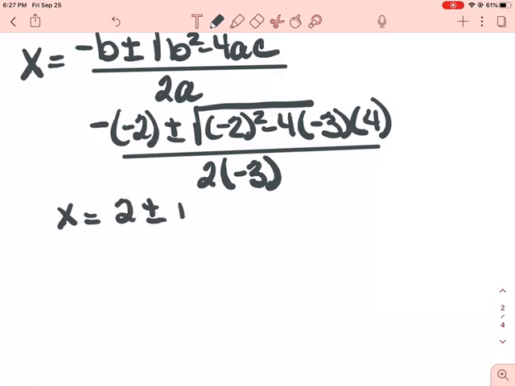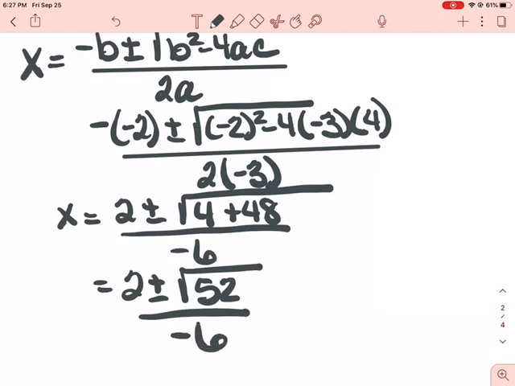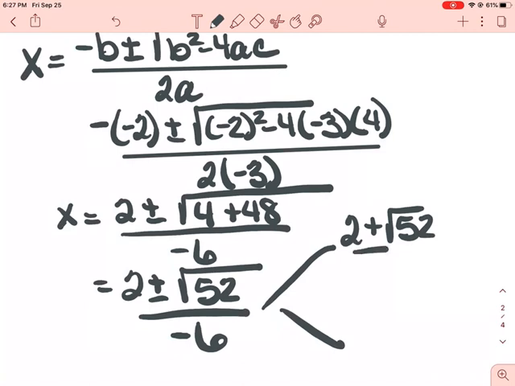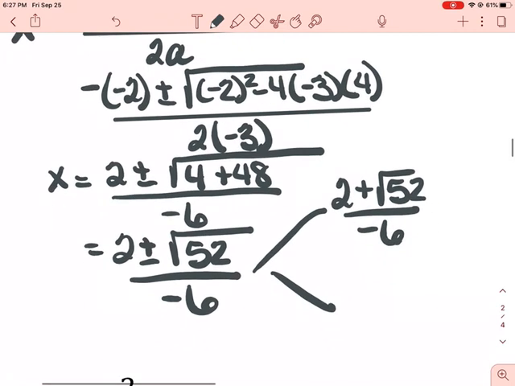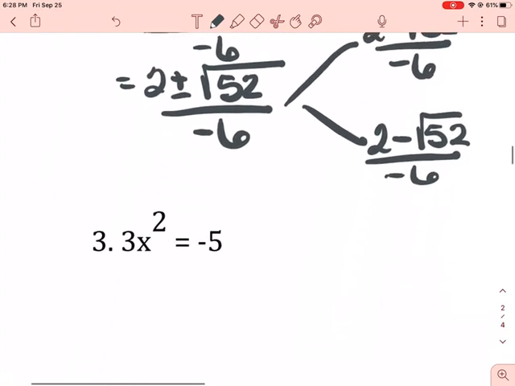So x is equal to 2 plus or minus the square root of 4 plus 48, all over -6, or 2 plus or minus the square root of 52 all over -6. And that is the exact representation of the solution. It's two answers because you can say 2 plus the square root of 52 all over -6, or you can say 2 minus the square root of 52 all over -6, and that's your two solutions.